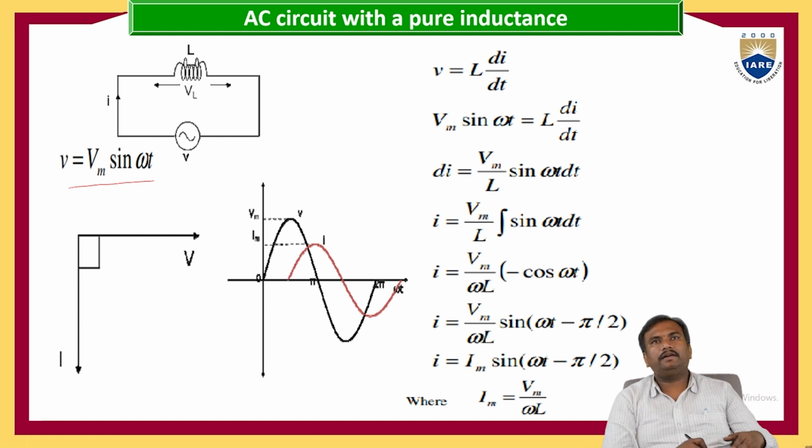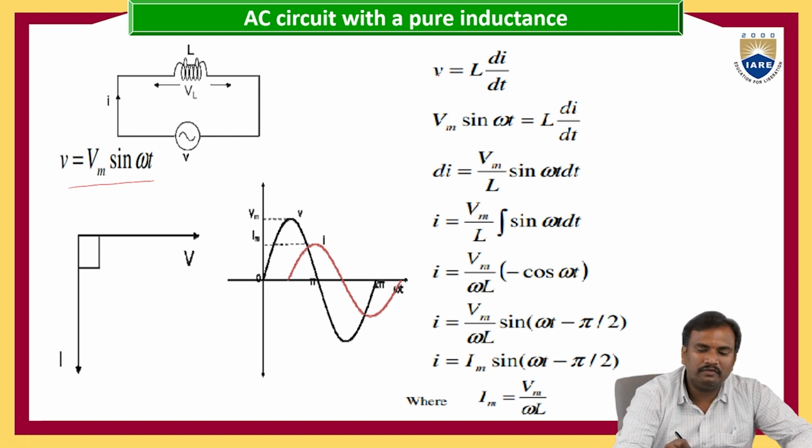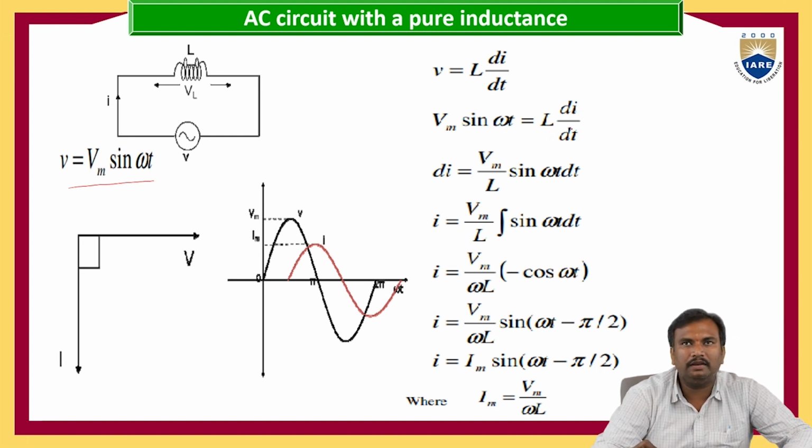In an inductor, the voltage-current relationship is V is equal to L into di by dt. And the voltage we are giving is Vm sine omega t, that is equal to L into di by dt.